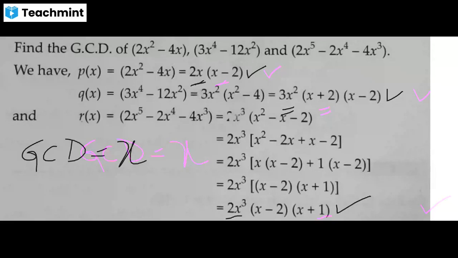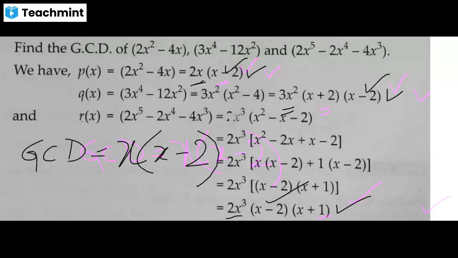Then what else? Is x minus 2 present in all? Here is also x minus 2. Here is also x minus 2. So therefore, the required GCD is x into x minus 2.